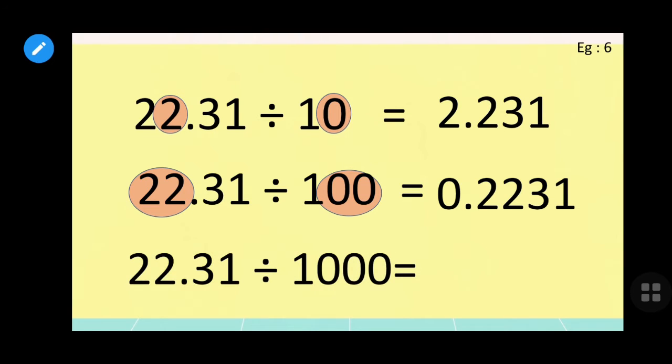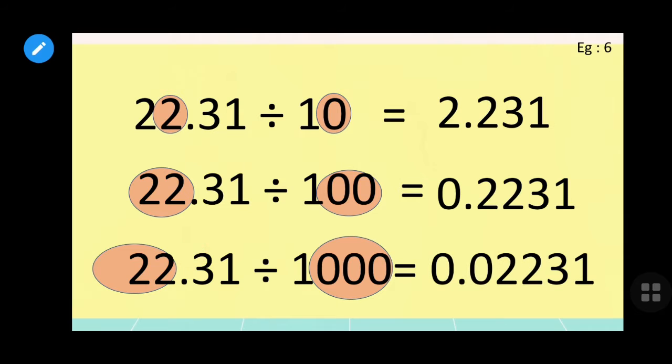Then the same number is going to get divided by 1000. 1000 has three zeros, so here it's going to get a little bit tricky. Now this decimal has to shift three places forward, whereas we have only two numbers in hand. So in such situations we have to add a 0 in front and make it 0.02231.